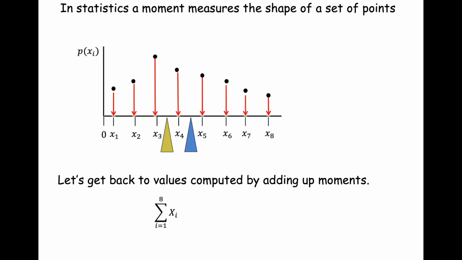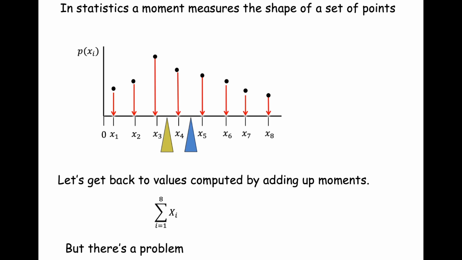So let's get back to values that we can compute by adding up the moments. So you take your values, you sum them together, in this case for each of the 8 data points. Now, if you sum together these values relative to zero, their differences between their location and zero, that's the distance. And there's a problem if you sum together these moments.